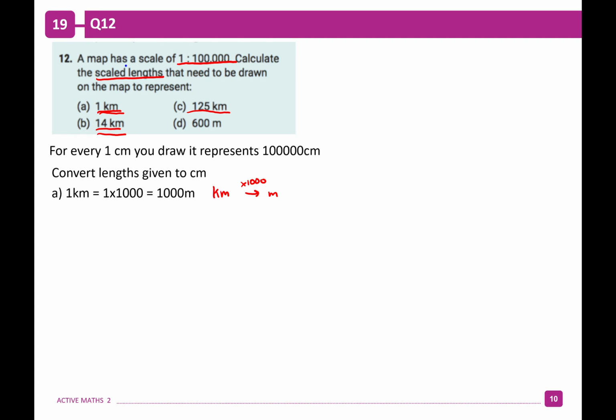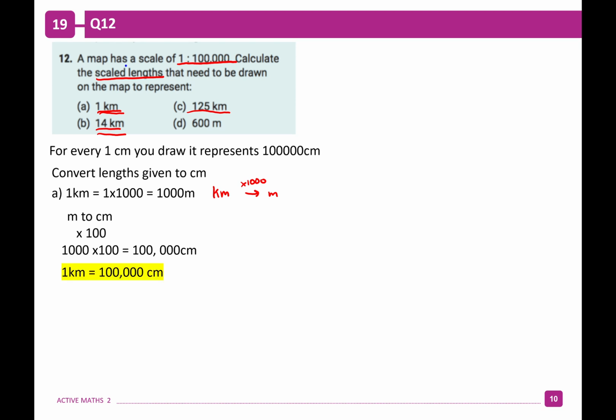Now we want our lengths in centimeters. I now need to convert my 1,000 meters into centimeters. To convert meters to centimeters, we multiply by 100. 1,000 meters times 100 gives us 100,000 centimeters.